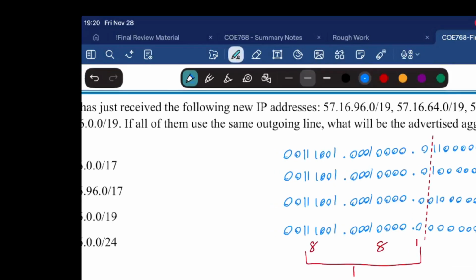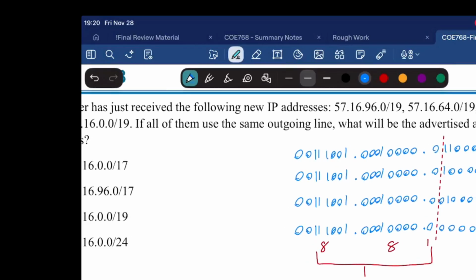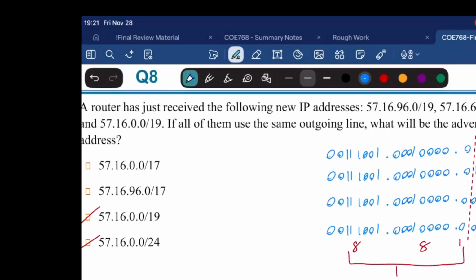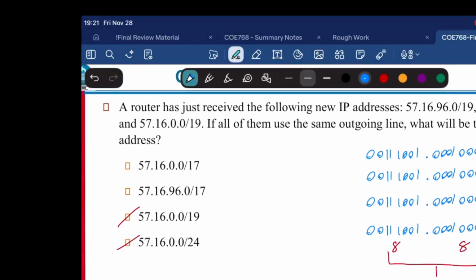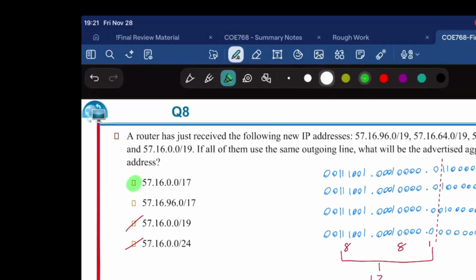So this would be our aggregated IP address that we would use to communicate out to the real world. And that gets assigned here. Hopefully that wasn't too confusing.